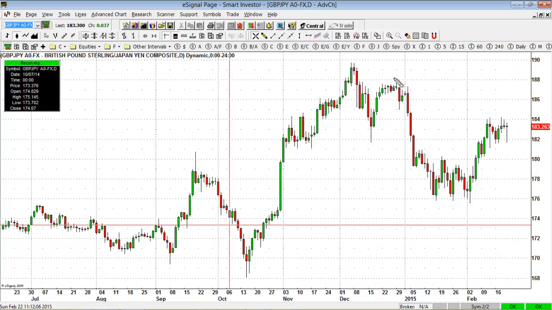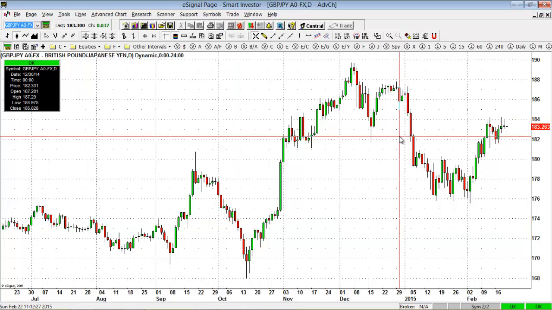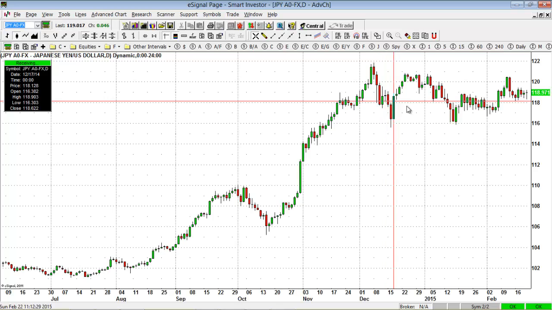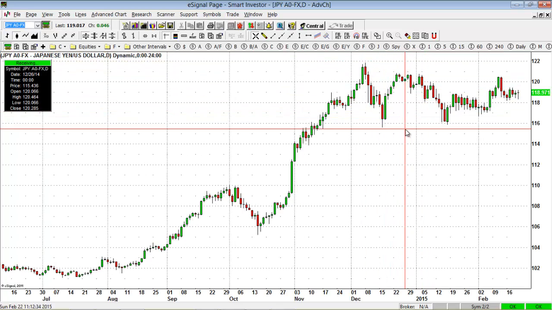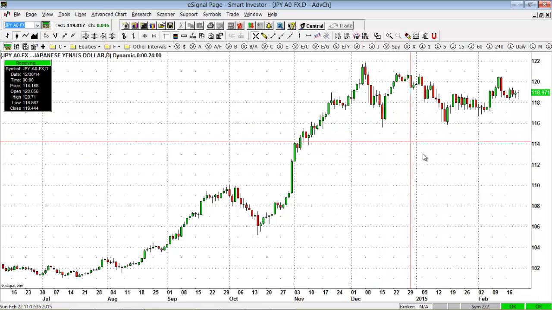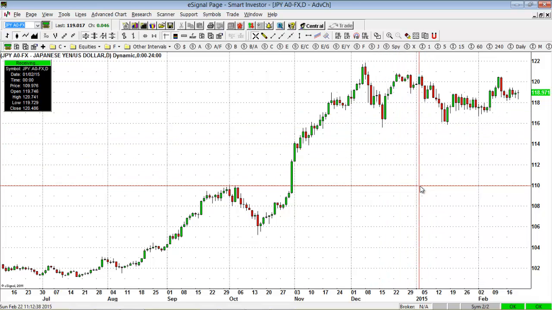Because the US dollar is currently strong, and the Japanese yen is currently weak, I'll be looking to play the weakness in the Japanese yen with the British pound or the USD Japanese yen. Those are the two markets I will be looking to play weakness in the Japanese yen.